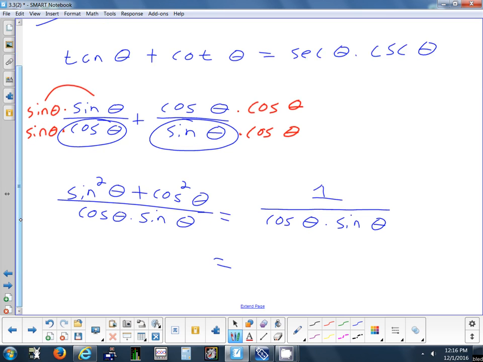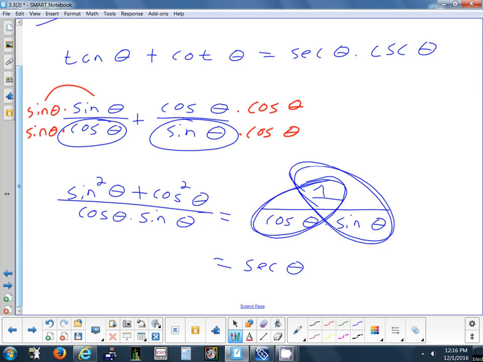All right, so now think of it like this. We have 1 over cosine and 1 over sine. Okay. What's 1 over cosine? That's secant. And what's 1 divided by sine? Cosecant. And that is what they were looking for.